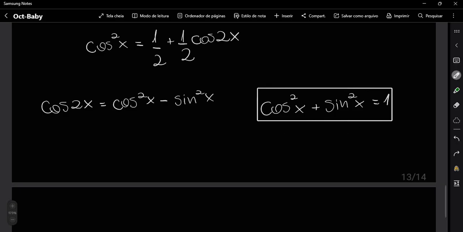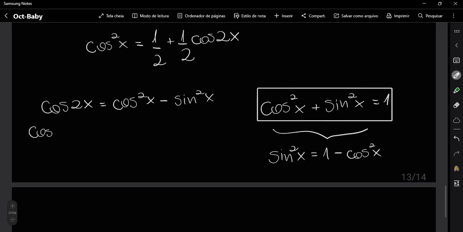So from here, we can say that sine square of x is equal to 1 minus cosine square of x.